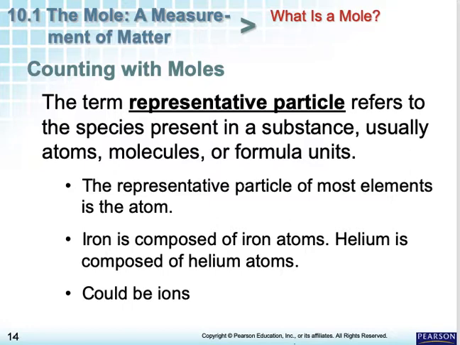It could be a molecule. It could be a formula unit. It could be an ion. It could be almost anything. If we're talking about iron, we'll be talking about iron atoms. If we're talking about helium, it would be atoms. If we're talking about oxygen, it would be O2, and it would be molecules.